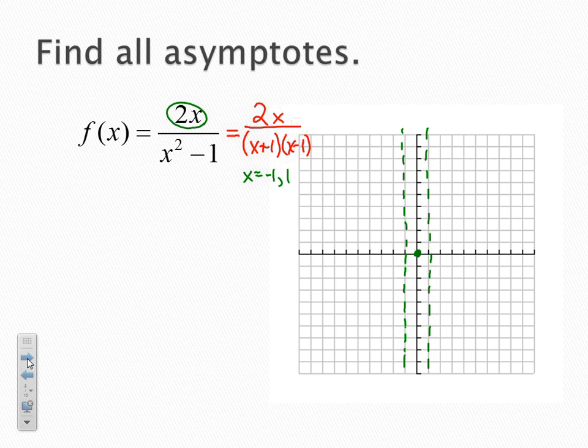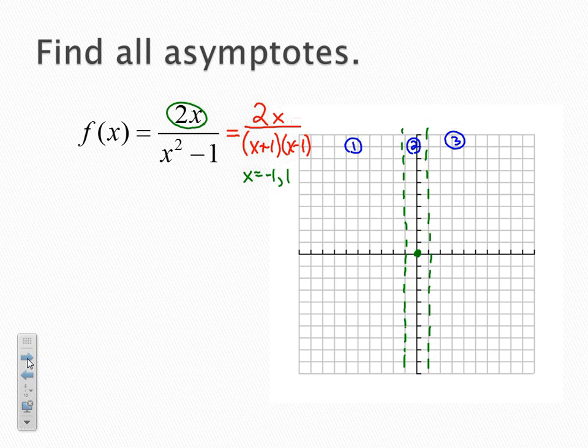All right? Now, step number 5, we need to find and sketch any horizontal asymptotes that we have. Before we do that, I want you to recognize this graph is going to be divided into 3 different branches. We're going to have a branch on the left side of -1. That's our first branch. We're going to have a branch in between the 2 asymptotes. And then we'll also have a branch on the right side of +1. So there are 3 parts to that graph based on those asymptotes dividing it up.